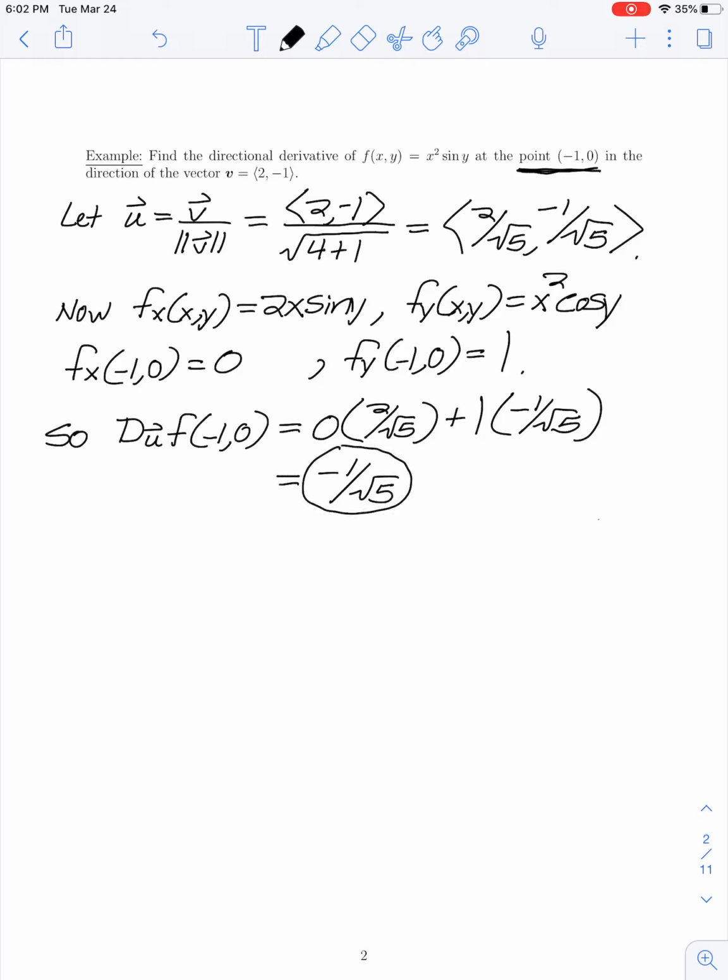So in this case, we're just left with -1 over the square root of 5 as our directional derivative.